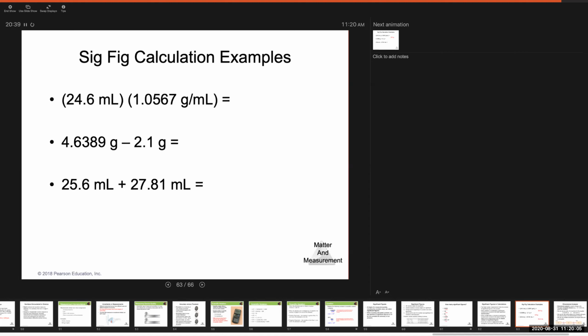We talked about this a little bit last class, but I see 1.0567 grams per mil. If I see grams per mil, what property is there a good chance that I'm measuring there? Density. Does everyone remember density was weight per volume, so grams per mil?